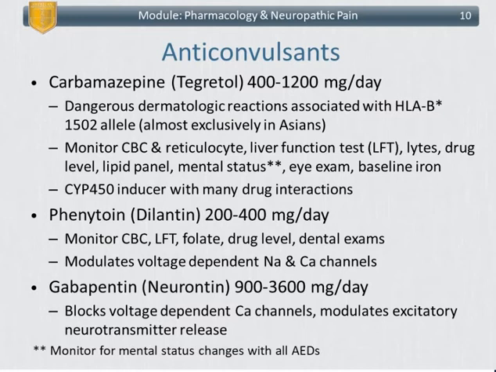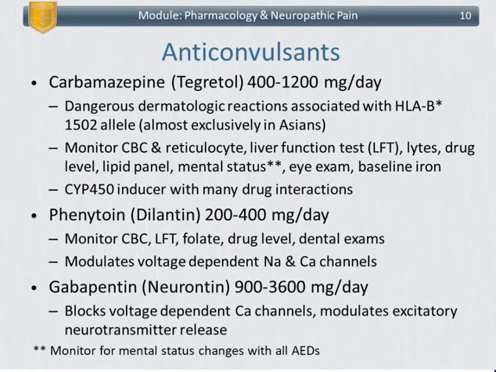It has dangerous dermatologic reactions, desquamating rashes associated with a particular gene, which is found almost exclusively in Asian populations. So many neurologists will not use this drug with an Asian patient. You need to monitor CBC, reticulocytes, liver functions, a whole bunch of stuff when you're using carbamazepine. You should recognize it is an inducer of many of the cytochrome P450 enzymes.